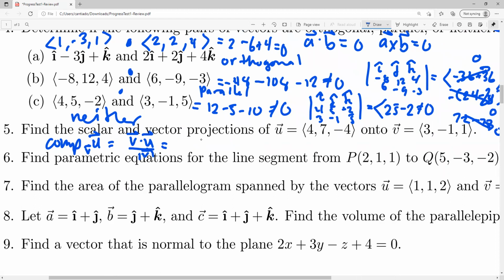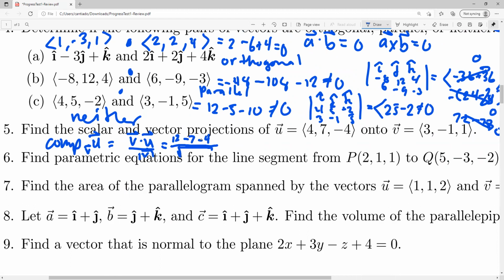If we go ahead and do that, v dot u is, let's see, 4 times 3 is 12, 7 times -1 is -7, and then -4 times 1 is -4. And this is all over the magnitude of v, which is the square root of each component squared.